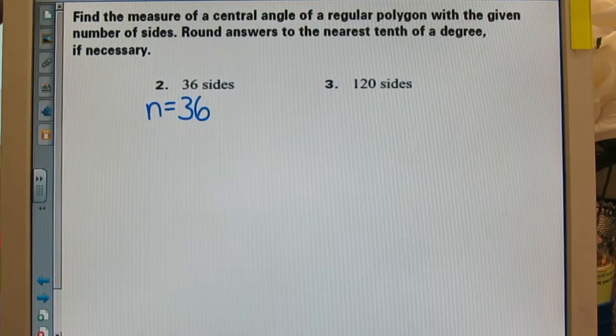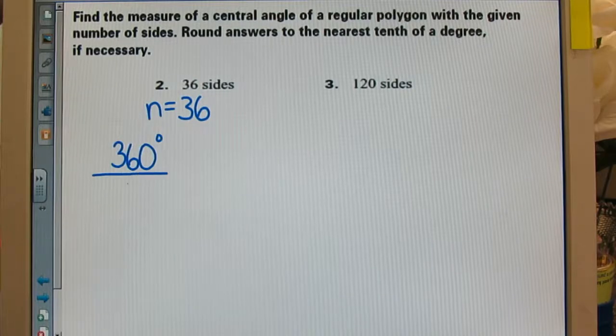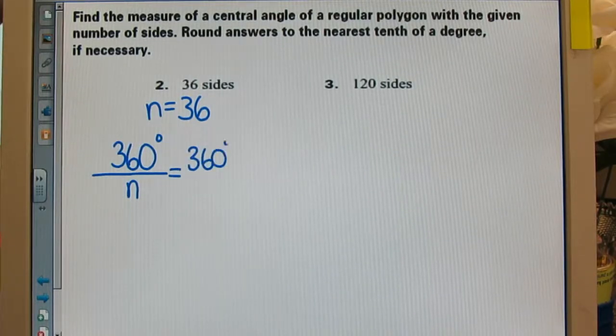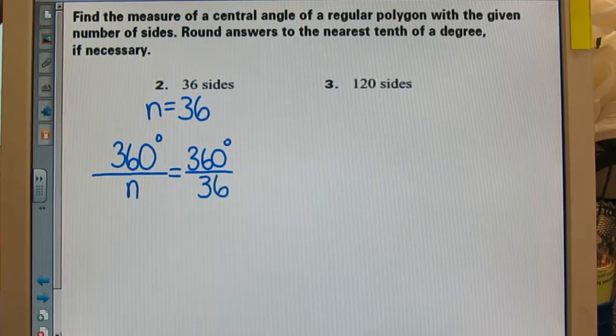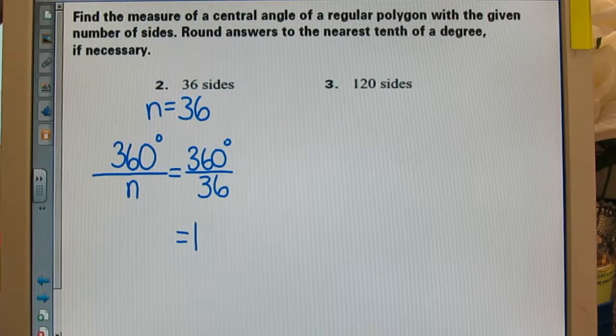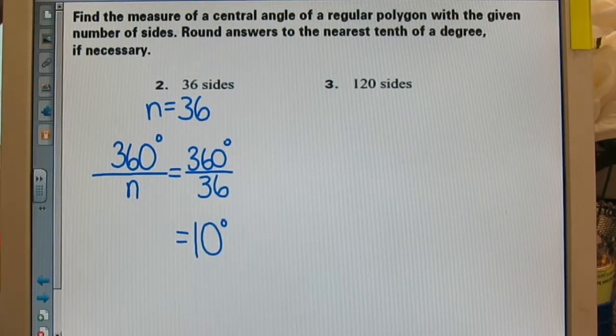And I know that I can find the central angle by taking 360 degrees, the full measure of a circle, and dividing by n. Substitute in my value for n, and I get 360 degrees divided by 36. This divides really nicely, and I'm left with just 10 degrees. And I didn't need to round my answer to the nearest tenth of a degree because I already had a whole number answer.